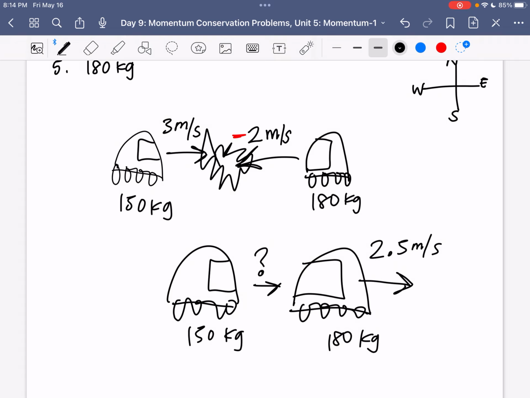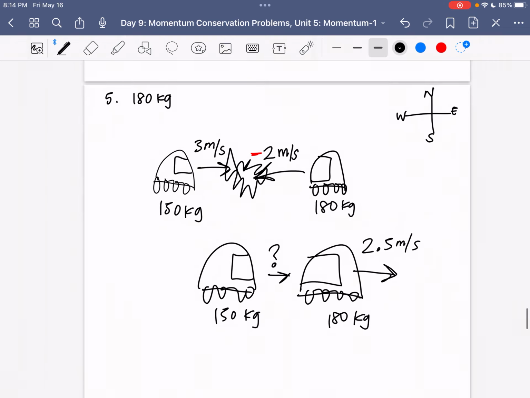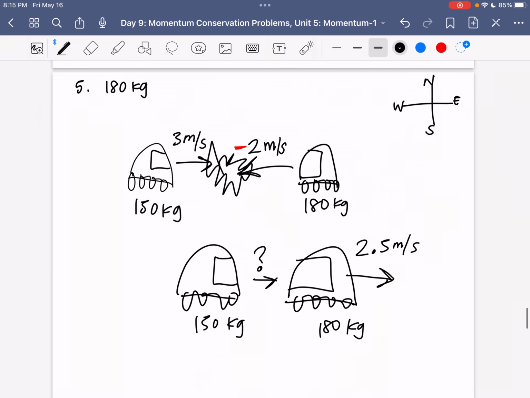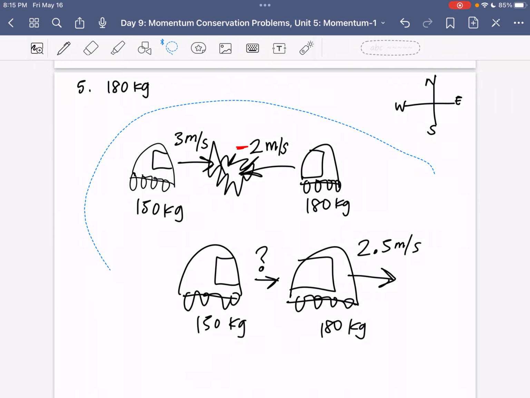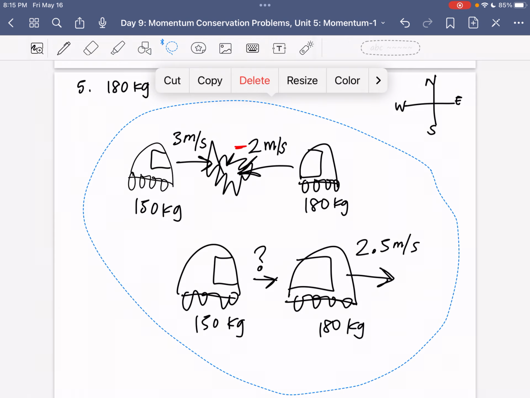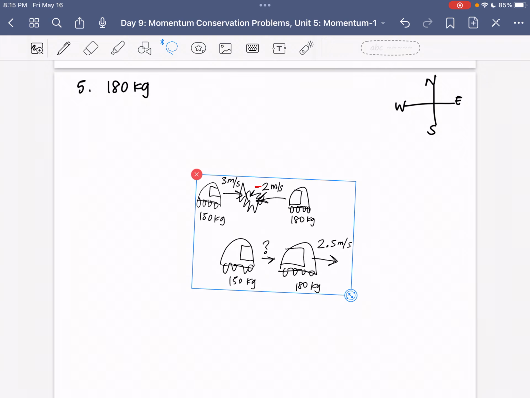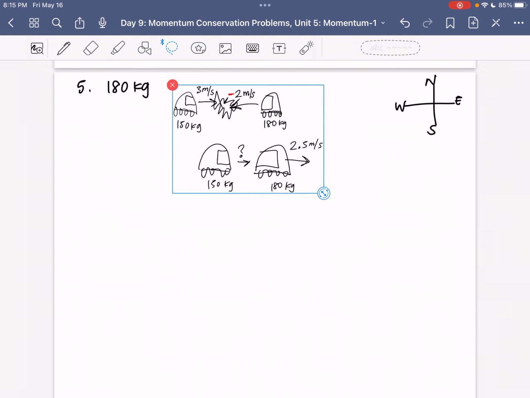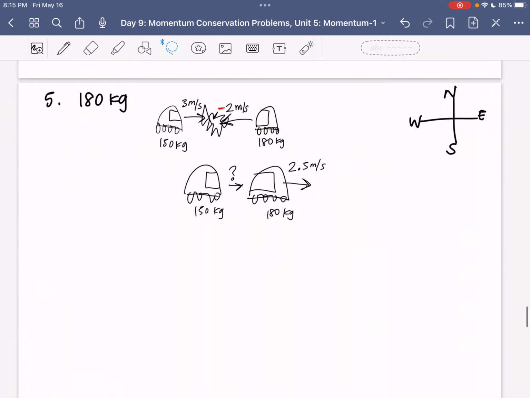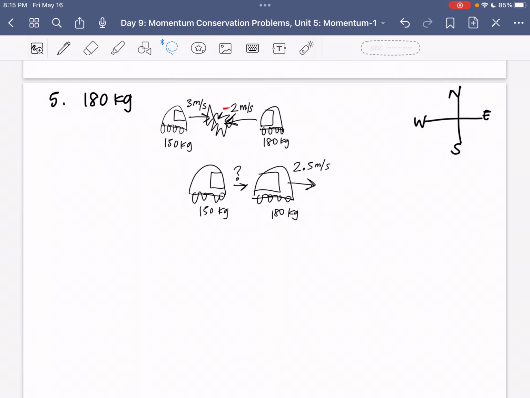Okay, so let me make all that smaller. So y'all need to know which directions are which and how to take writing into a drawing and then take that into a formula, right?